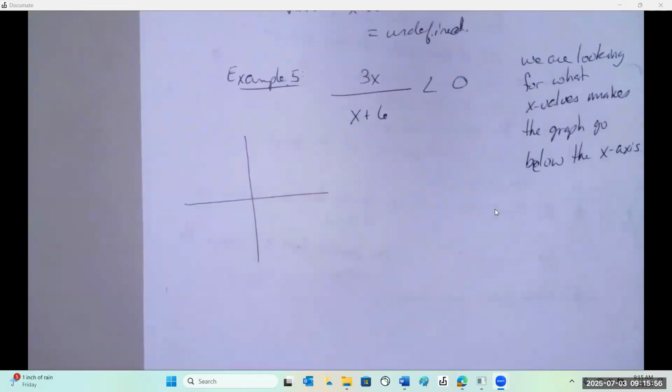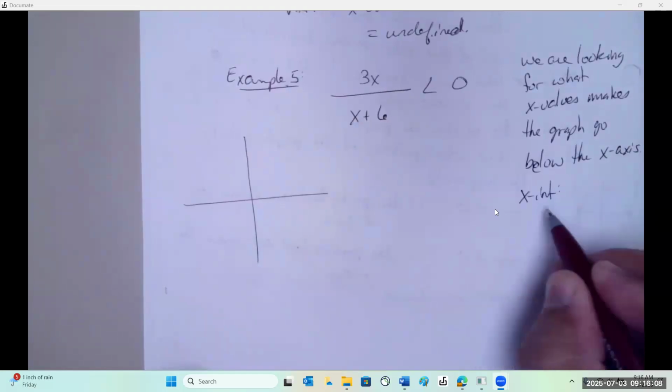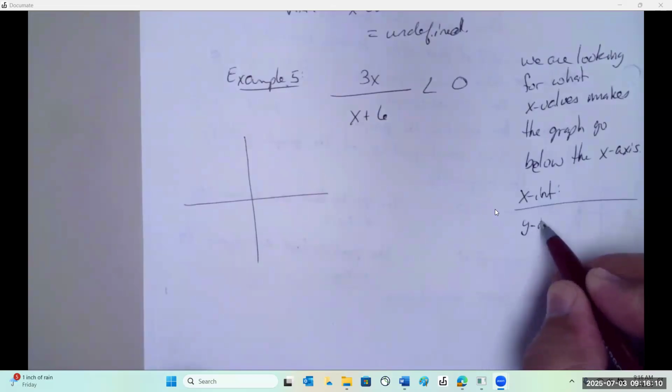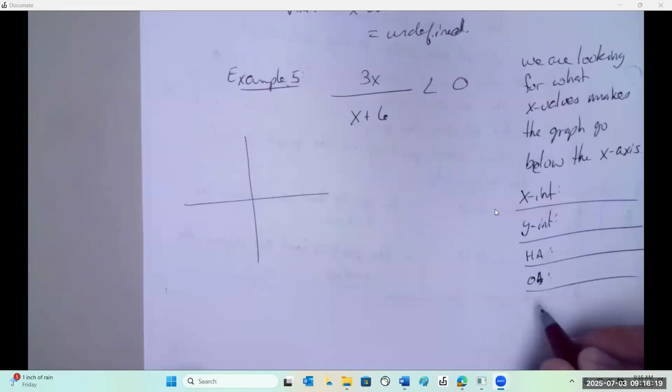So what's my x-intercept? Remember, you have to find the x-intercept, find the y-intercept, the horizontal asymptote or the oblique asymptote, and the vertical asymptote.